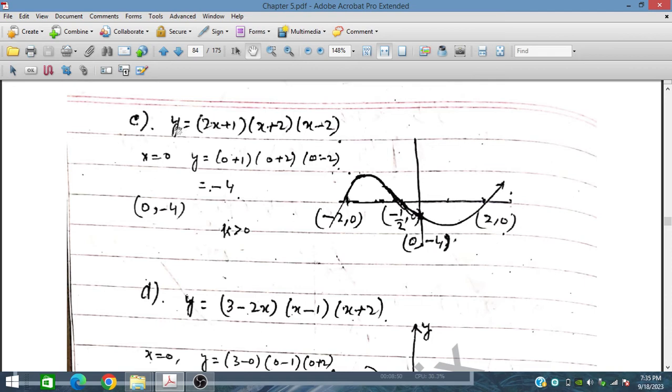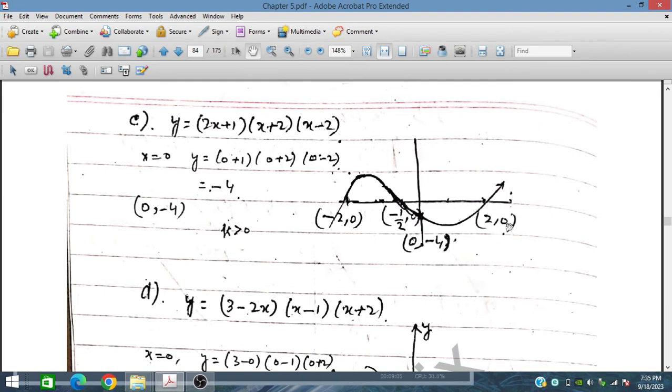So from y equal to 0, we can obtain x is equal to minus half. This is this point, and x plus 2 equal to 0 gives minus 2, 0, and x minus 2 equal to 0 means x is equal to 2.